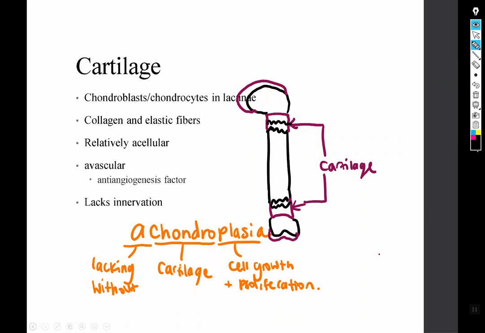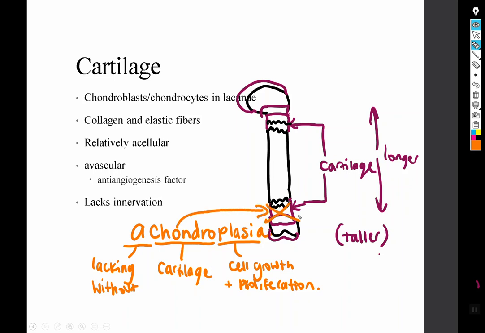And then that cartilage gets replaced by bone. And so that's how bones get longer, and therefore how humans get taller. So achondroplasia affects these little cartilage regions where they just don't grow, resulting in permanently short bones.